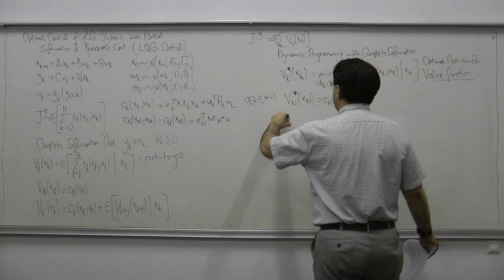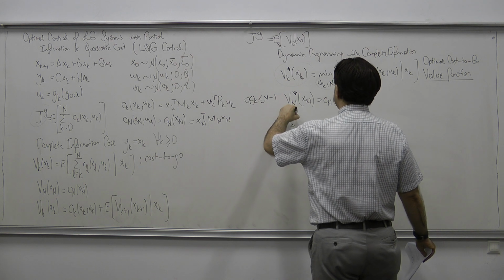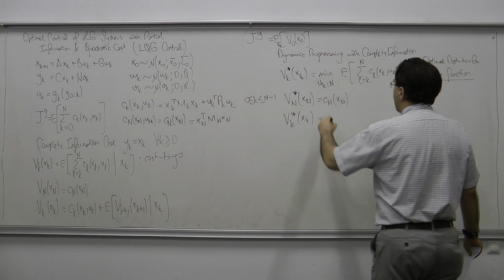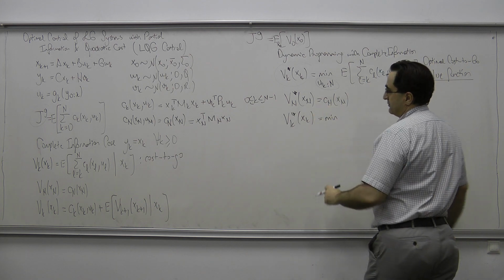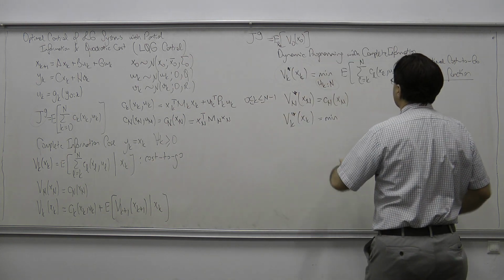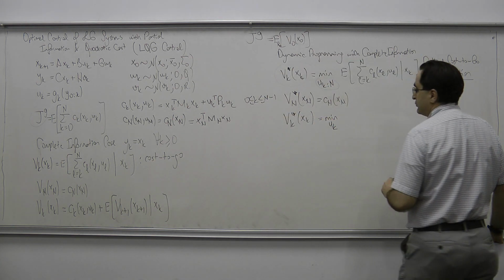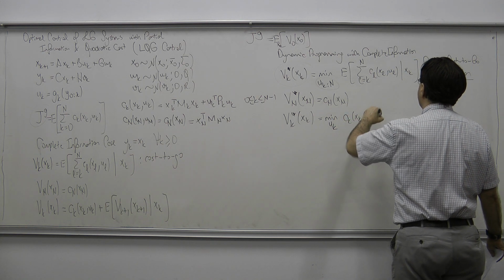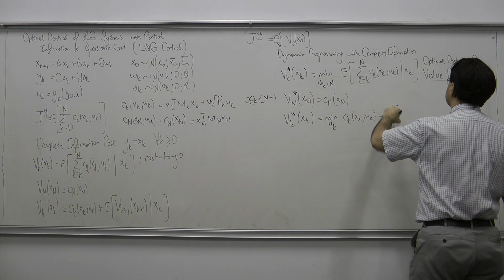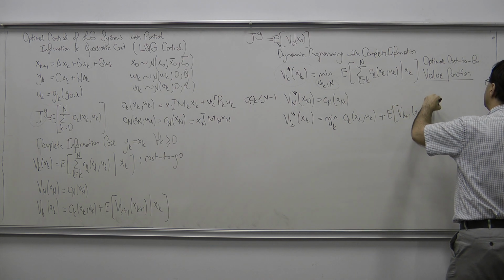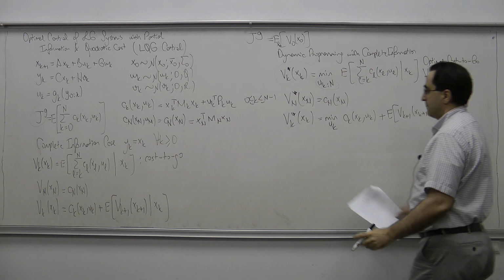And then we obtain the recursion. Vk star of xk is equal to the minimization of the right hand side of this recursion with respect to uk: I have ck(xk, uk) plus the expected value of Vk plus 1 of xk plus 1 given xk. Okay?